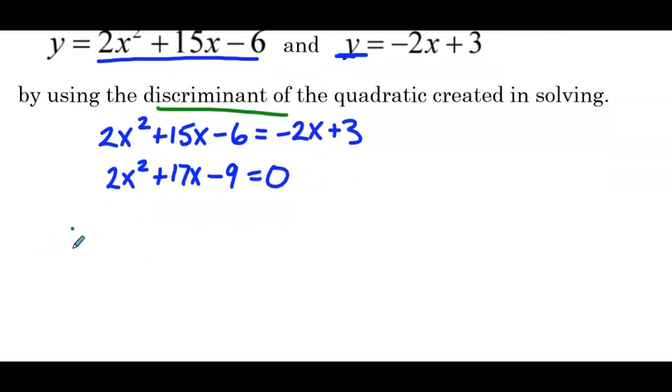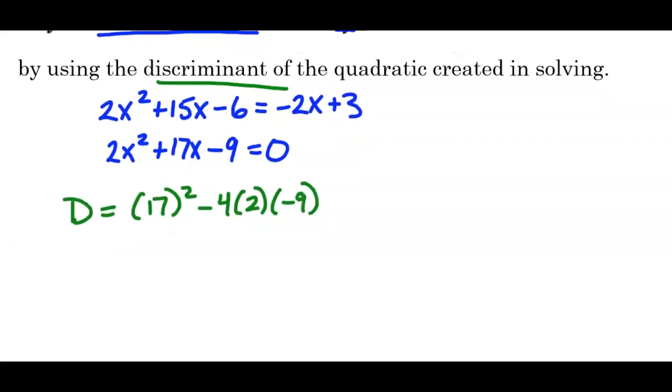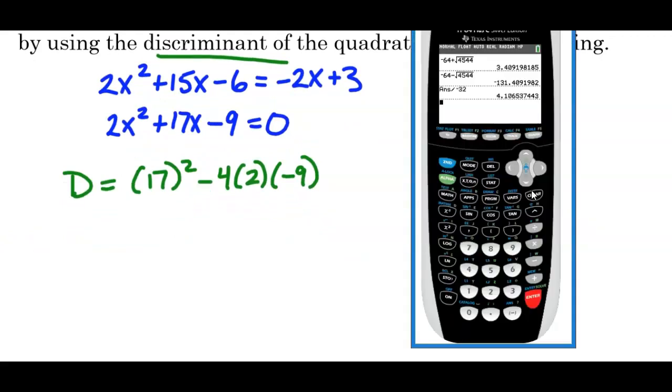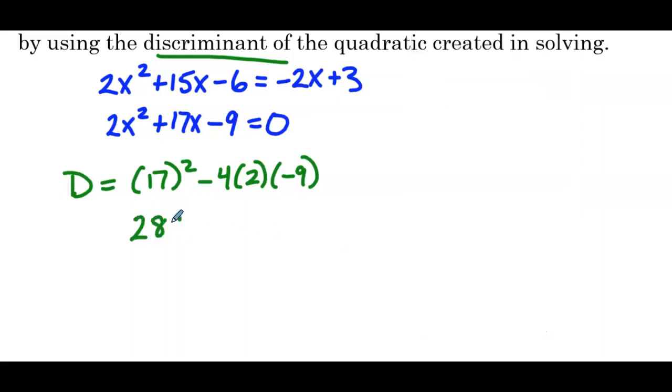Okay, so the discriminant is b squared, so 17 squared, minus 4 times a times c. So let's see, let's use the calculator here. 17 squared, 289. So we have 289, and then plus 4 times 2 is 8, times 9 is 72.